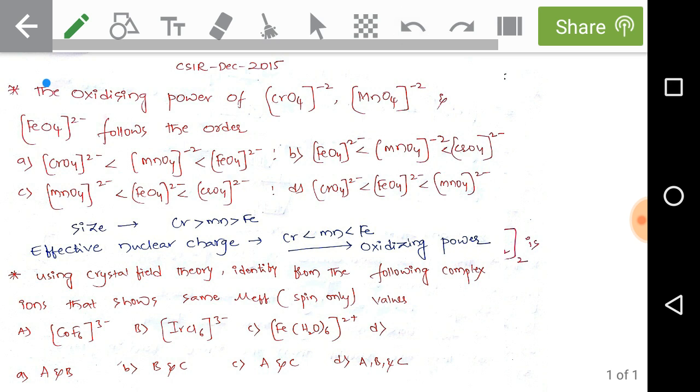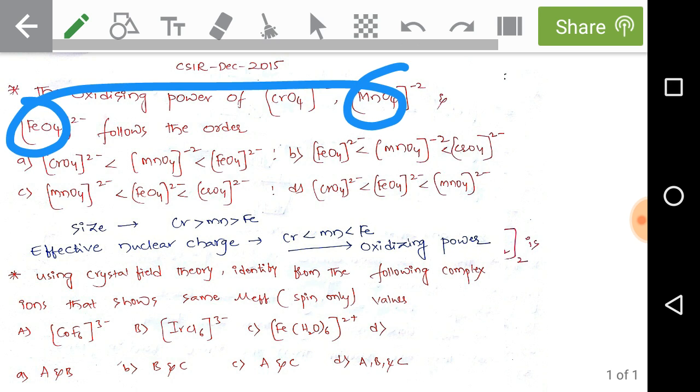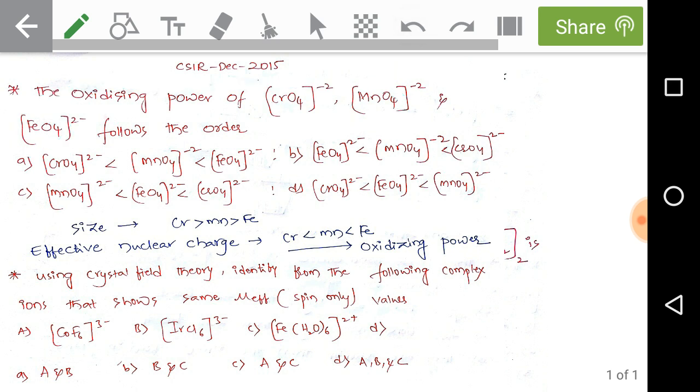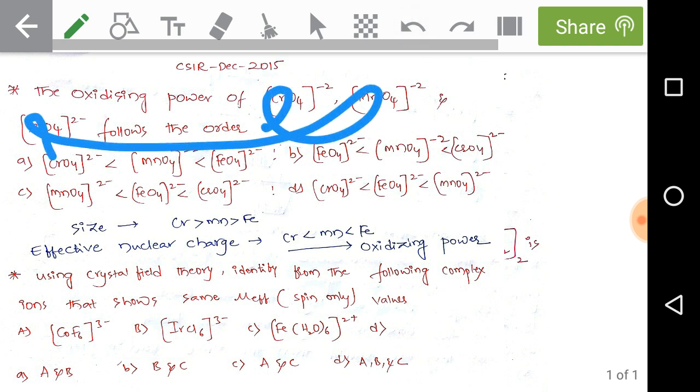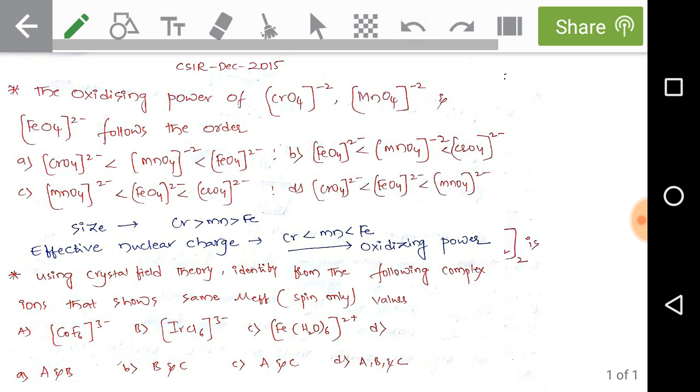Next one, the oxidizing power of chromium, manganese and iron complexes follows the order. So for this kind of question we need to think logically. Here if you look at the given transition metal complexes, all the metal ions, that means chromium, manganese and iron, all of them are in the same oxidation state, having d6 electrons.